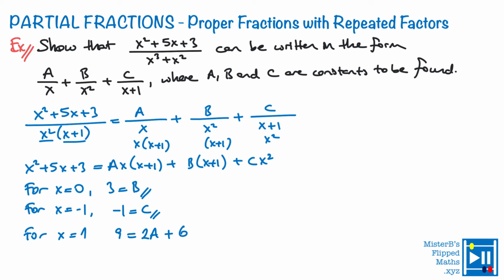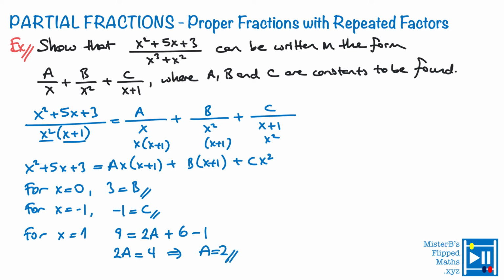And the last term will be 1 squared is 1, and c is minus 1. Minus 1 times 1 is simply minus 1. So I have 2a plus 6 minus 1 on the right-hand side, and the left-hand side is 9. And I'm going to end up with 2a being 4, hence a is 2.